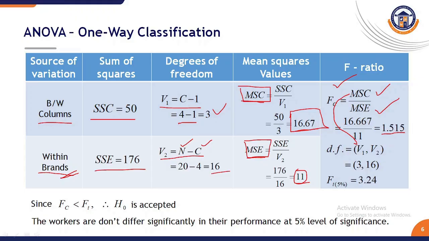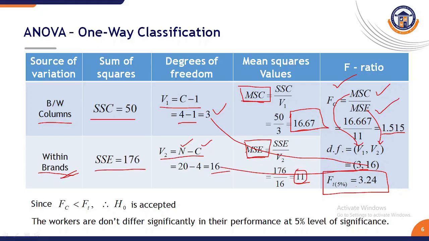Based on this formula, next define the degrees of freedom. The first value is for numerator term and the second value is for denominator term. Here df equal to its corresponding degrees of freedom 3, 16. Next select the table value at 5% level for this degrees of freedom 3, 16.